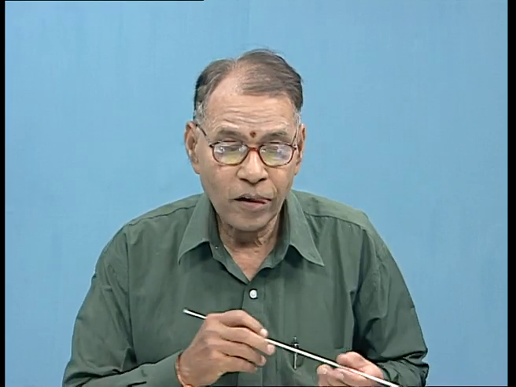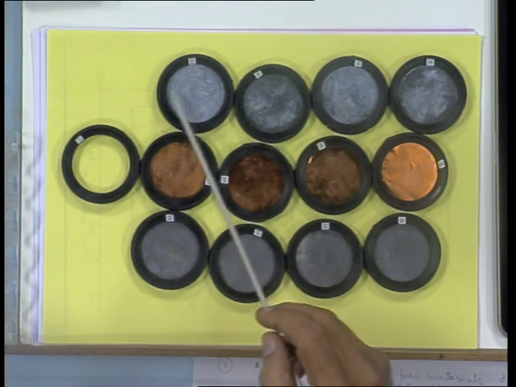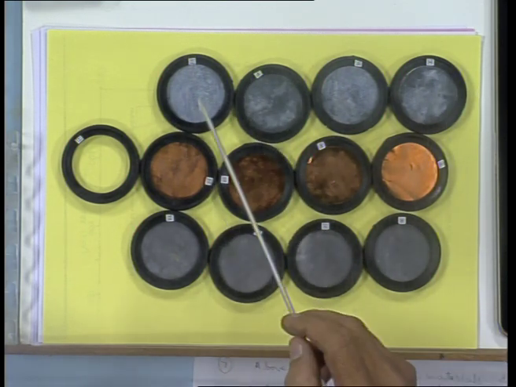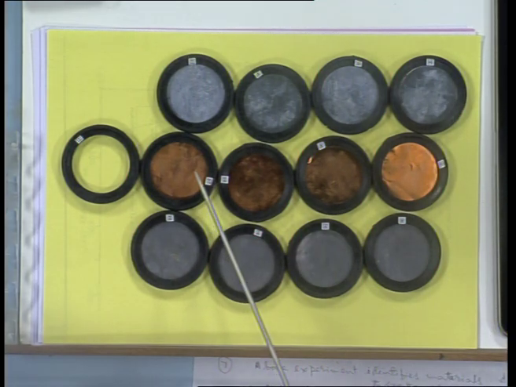See, these materials in the equipment that is shown here. These are the 3 different materials. In the first line we have aluminum sheets of different thicknesses. In the second line we have copper with different thicknesses, and in the third line we have lead sheets of different thicknesses.